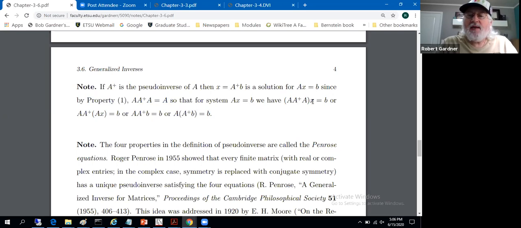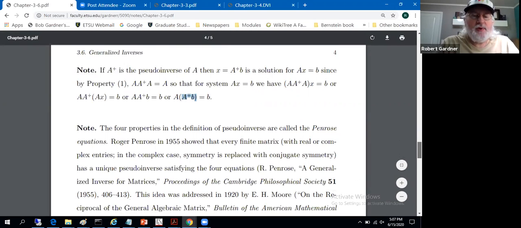We can associate the A and the X. All right, we know AX equals B, so we can substitute for AX, B, then we can associate these two, the pseudo inverse and B. We get A times this thing here equals B, then this thing here, highlighted, that's a solution to the system of equations. So pseudo inverses give solutions to systems of equations. Generalized inverses did as well.